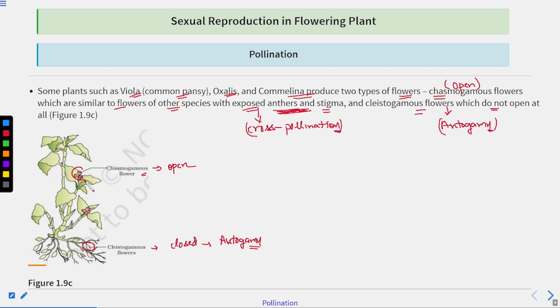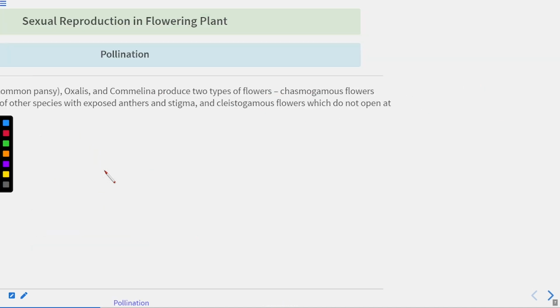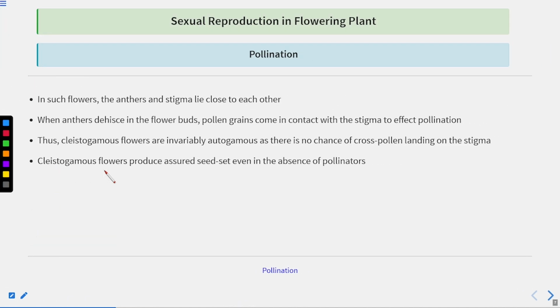Clear? You can see the flowers are closed here. Here the flowers are open, and the anthers and the stigma are exposed. Now we are talking about the cleistogamous flowers. In these flowers, what happens? The anthers and the stigma lie close to each other. So they are very close to each other. When anthers dehisce in the flower buds, pollen grains come in contact with the stigma to effect the pollination.